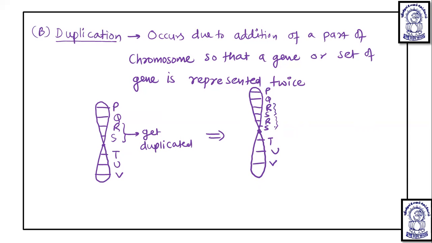Now after this, the third type is known as translocation. Dear students, in translocation, translocate means to go from one place to another place. Yes or no? So translocation obviously involves such shifting.